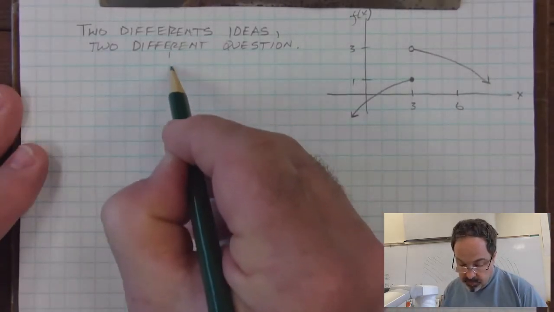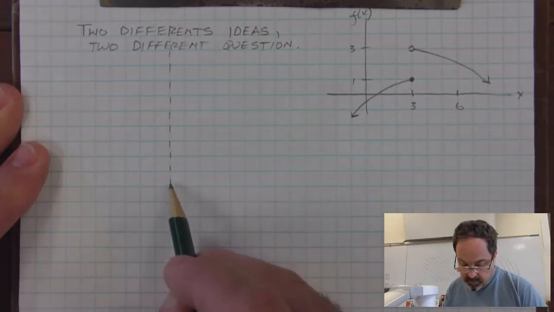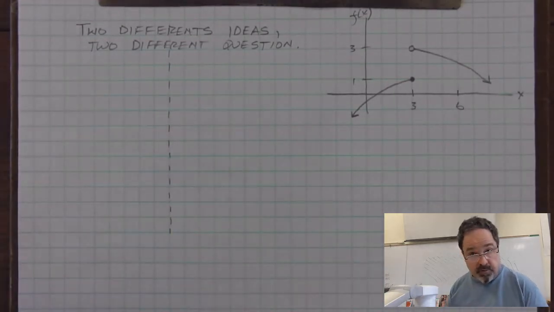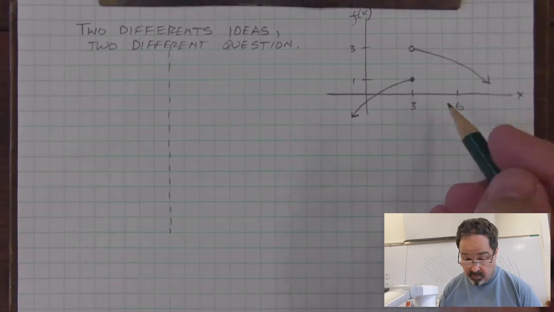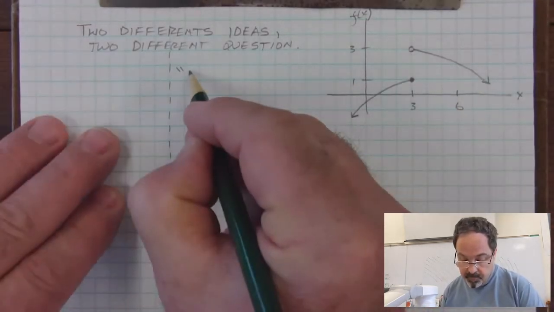Now we need to separate what we're going to talk about to distinguish between these two concepts, these two different questions that we could ask about a function. We're going to start with the familiar.